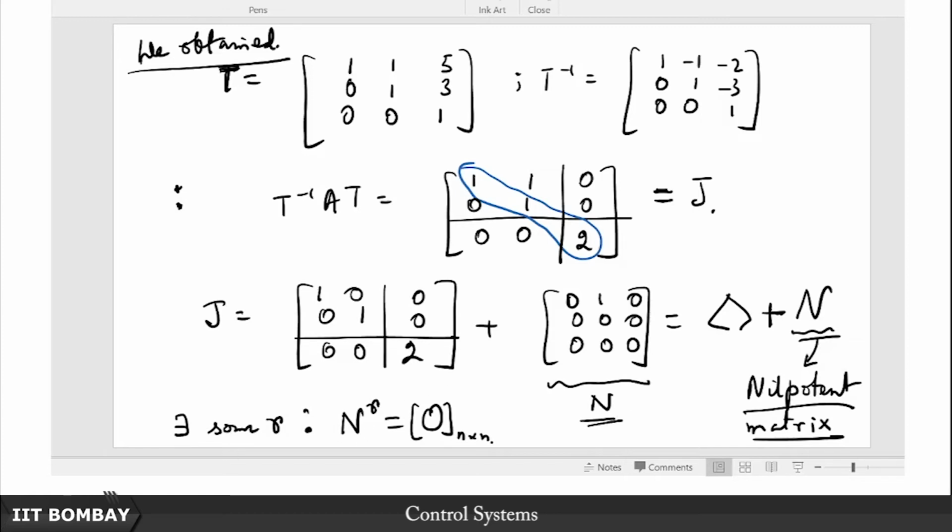In fact in this case you will see that we get the 0 as soon as we go from N to N squared. You just try this out, because there is only one non-zero entry here, it is going to be an easy job to multiply this directly and see for yourself that N squared is exactly 0, alright.